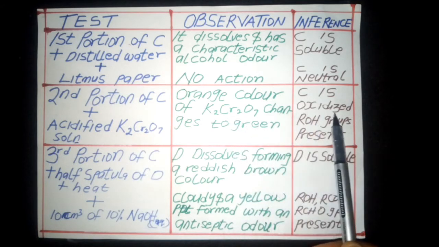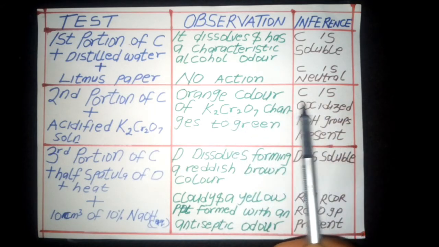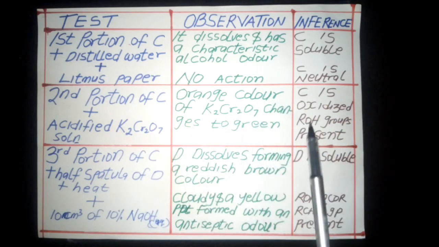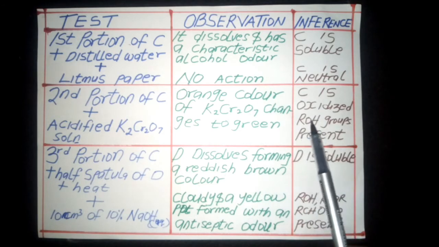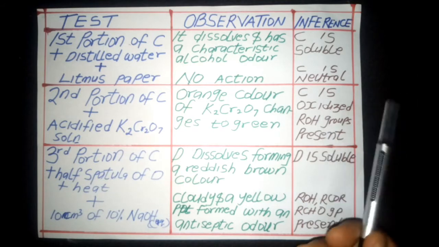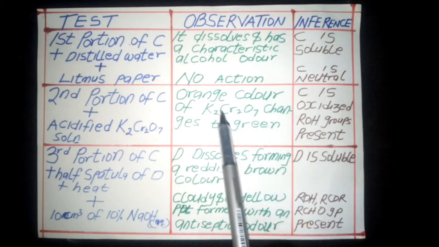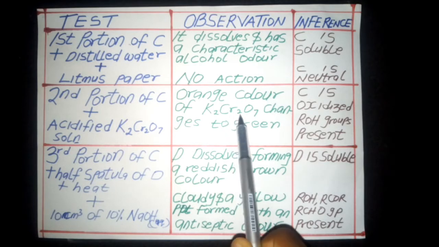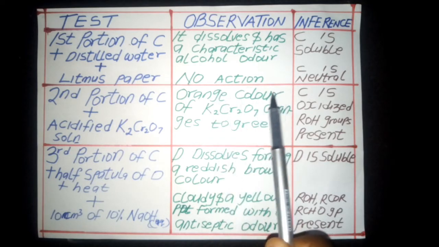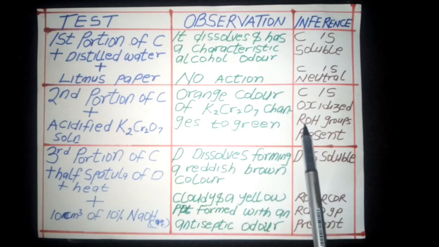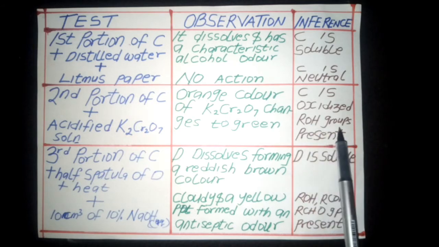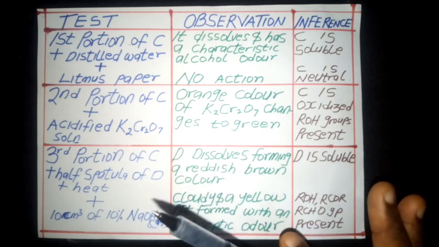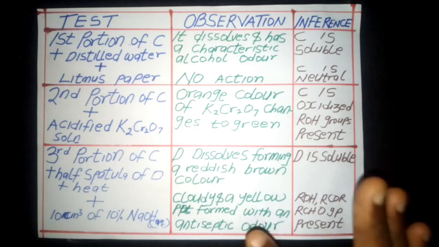So that's reduction. So as I said, alcohol ROH group present, that is alkanol group present, because this reaction is peculiar to alcohol groups. That's why I put this one here. ROH group present. You might want to put it in a different way, but this is just how I wanted to do it.